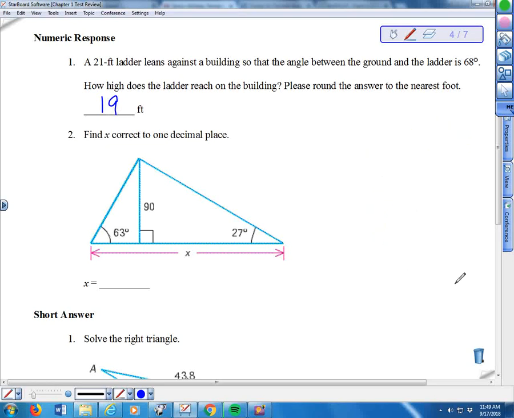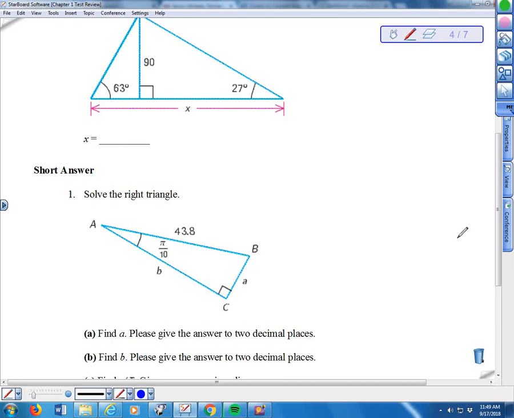And then, again, I'm just going to break this into two right triangles, find A and B and add them together, right?